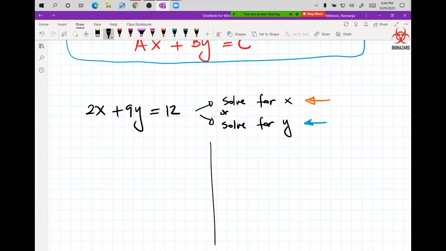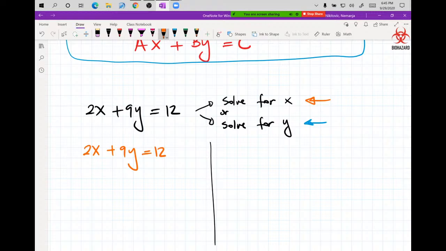We have two problems here. So how do I solve 2x plus 9y equals 12? How do I solve that for x? What does it mean, solve for x? It depends on the value of x.